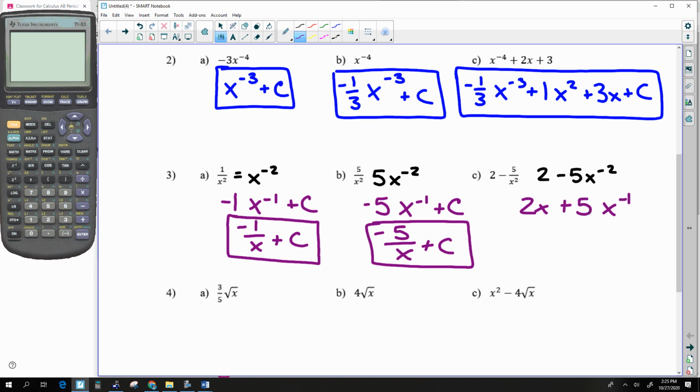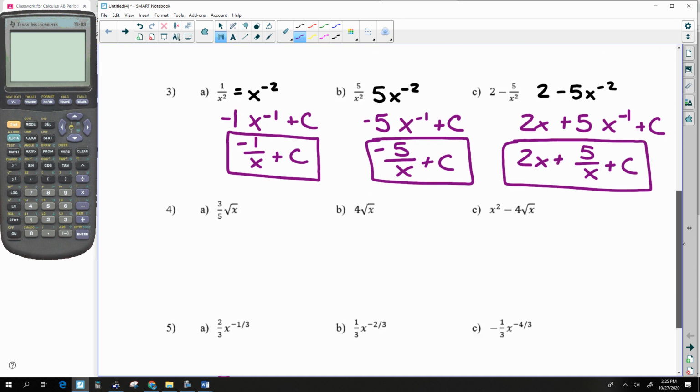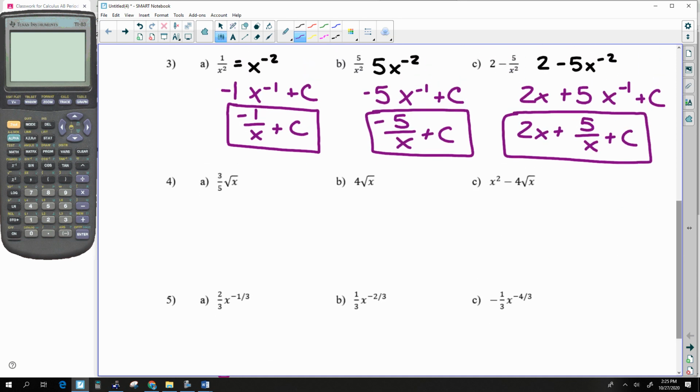So notice how that -5 turned into a +5 because I divided by a -1. So again, it's probably in your best interest to rewrite these.